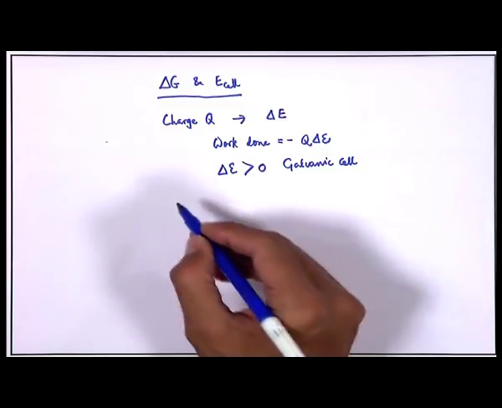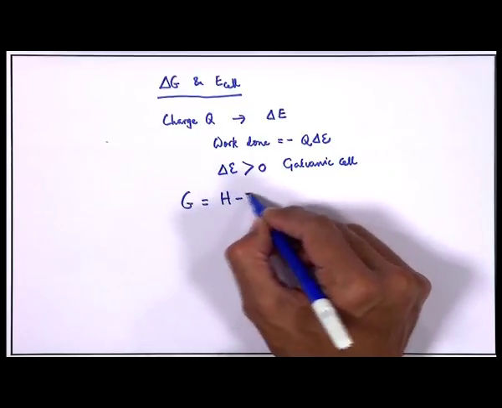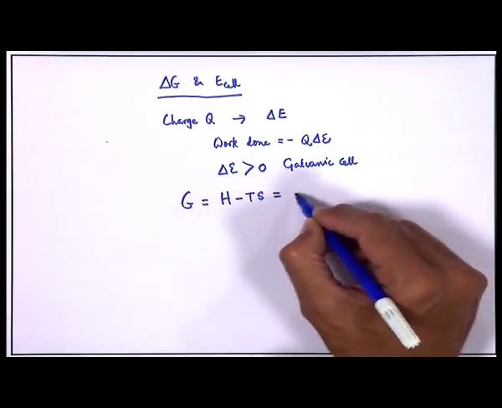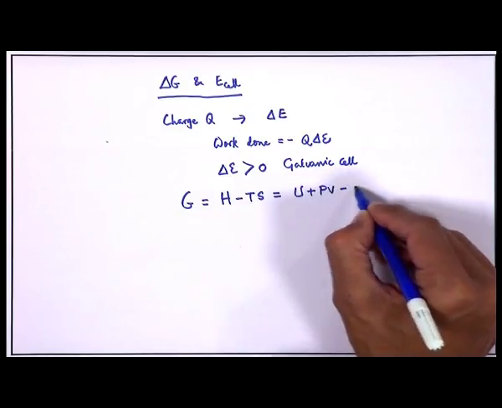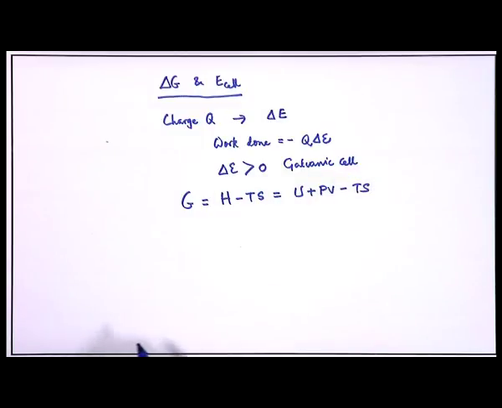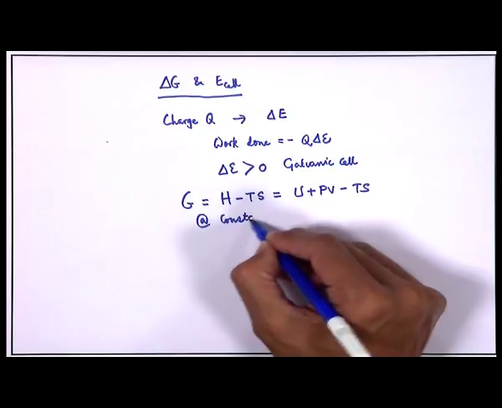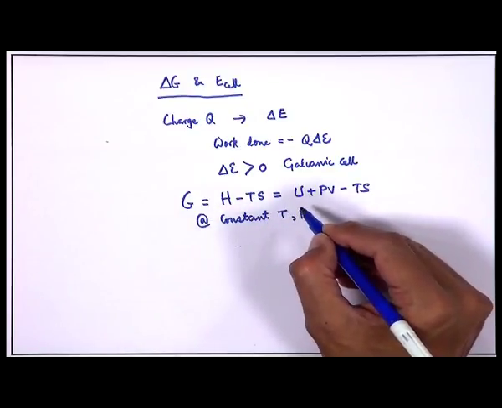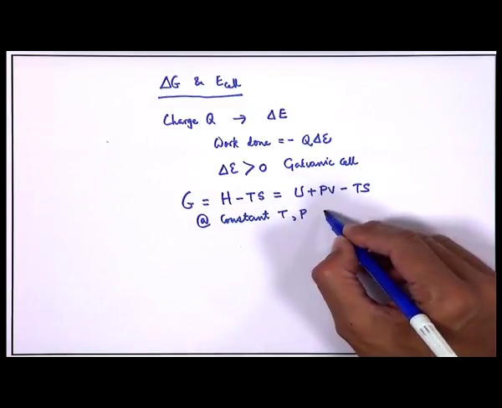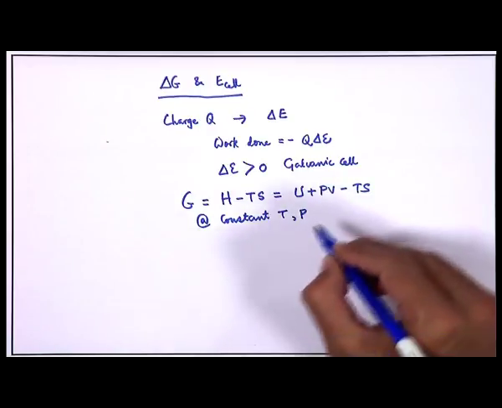Now, let us write the expression G is equal to H minus TS, then G is equal to U plus PV minus TS at constant temperature and pressure. This is the usual case for electrochemical cells.